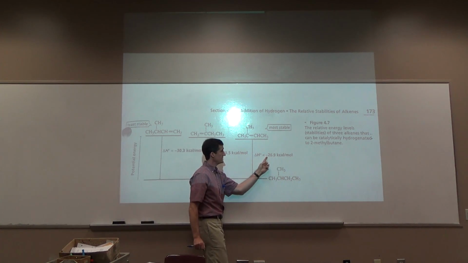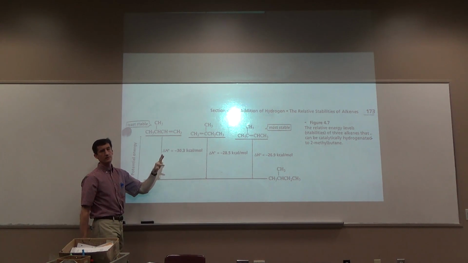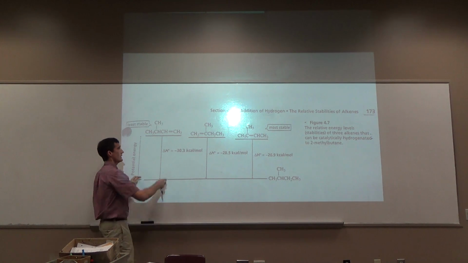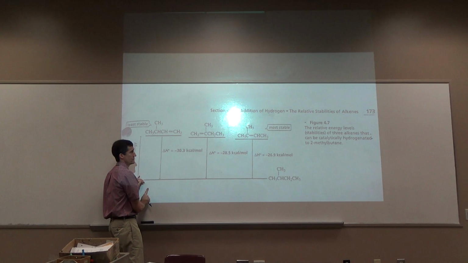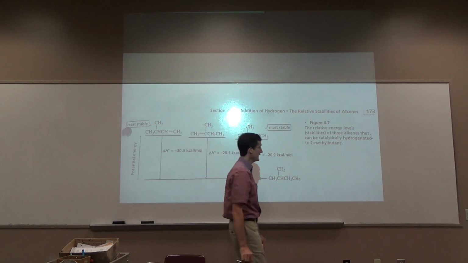That one actually has the highest delta H because negative 26 is a higher number than negative 30. So you can get confused. H of H is different from delta H. H of H is a positive number, it's the amount of heat given off. Where the delta H would be a more negative number. Make sure you understand what H of H means.